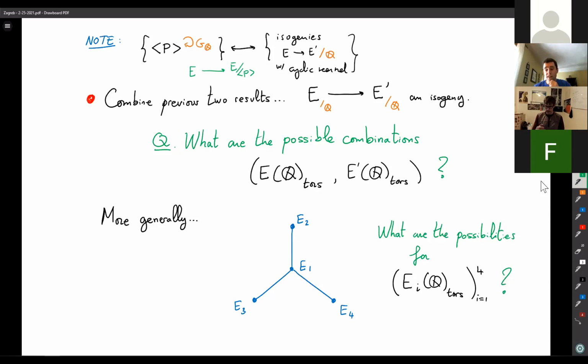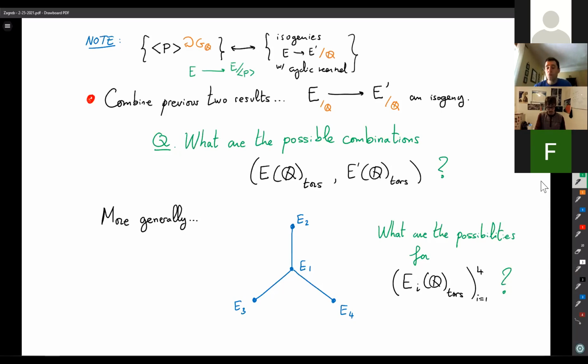So isogenies defined over Q with cyclic kernel and Galois invariant subgroups of finite order are in correspondence. Here's something that one of my students, Garen Chiloyan, worked on; it was a problem that I proposed for his thesis.